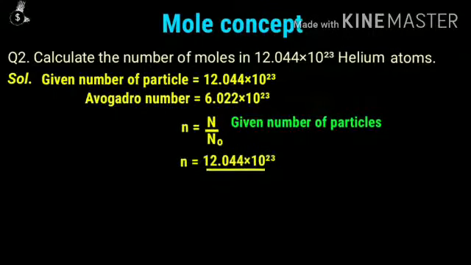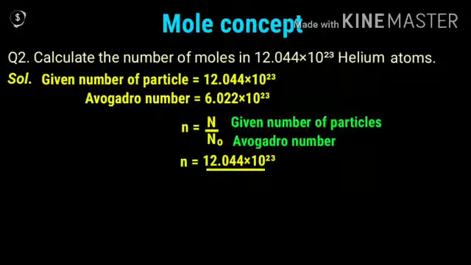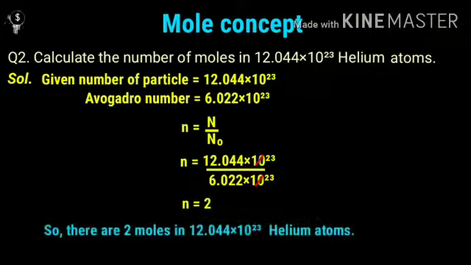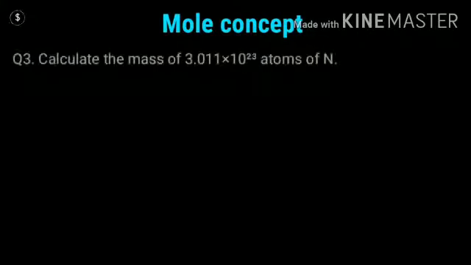It means the number of moles equals the given number of particles upon Avogadro number. So n equals 12.044 into 10 raised to the power 23 upon 6.022 into 10 raised to the power 23, and the answer is 2. So the number of moles equals 2 moles.